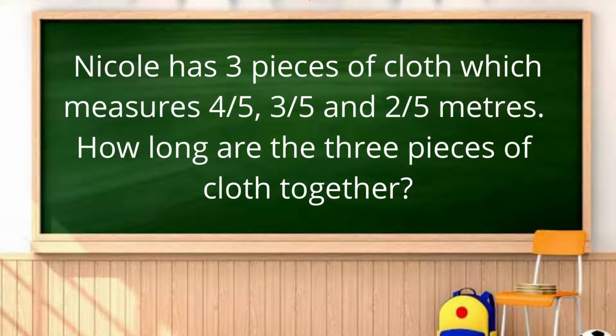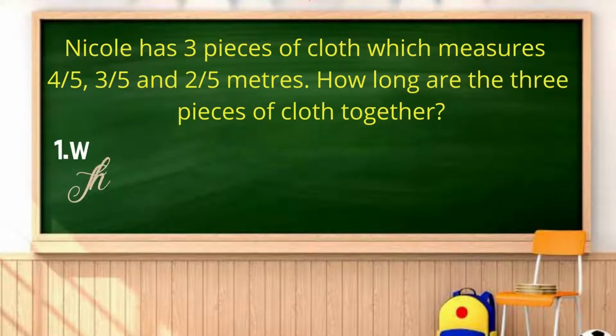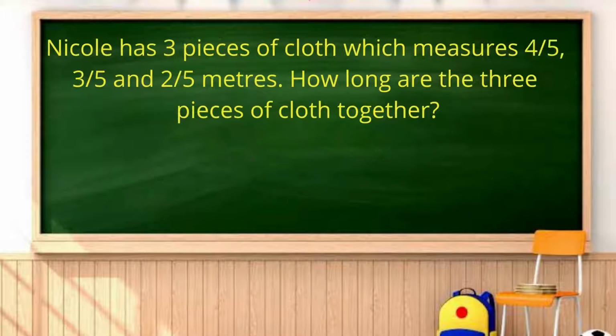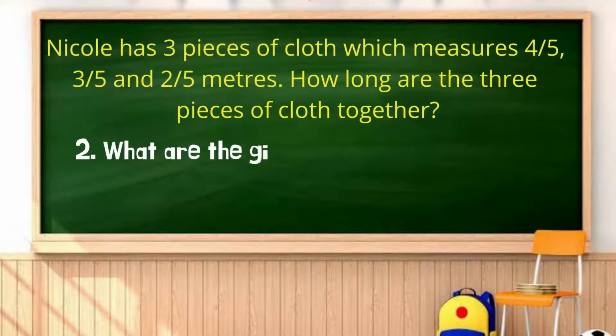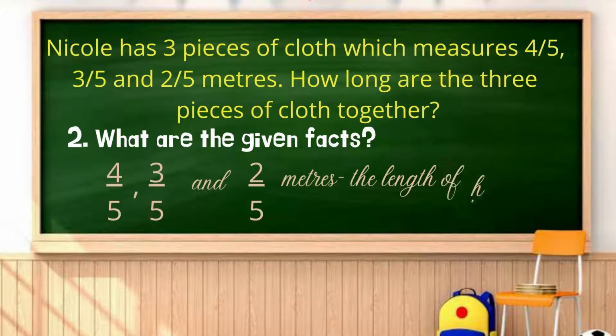Let us analyze and solve the problem through the following questions. First, what is asked in the problem? Correct. The length of the 3 pieces of cloth. Second, what are the given facts? Very good. 4/5, 3/5, and 2/5 meters are the lengths of the 3 pieces of cloth.